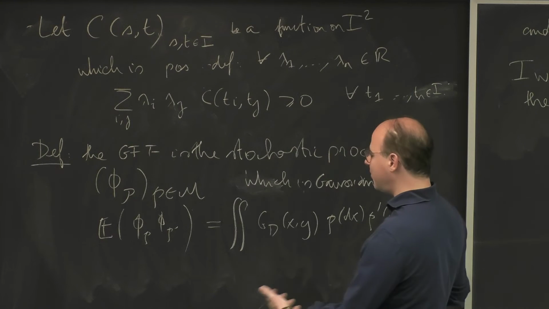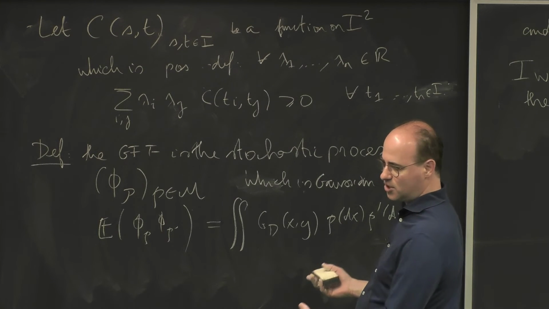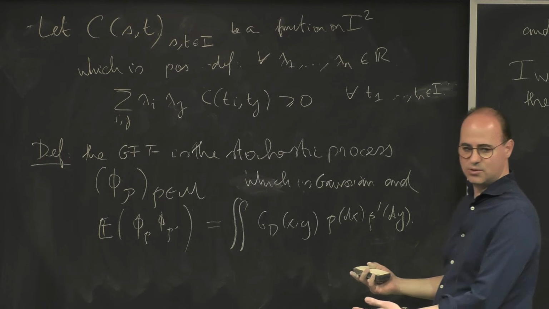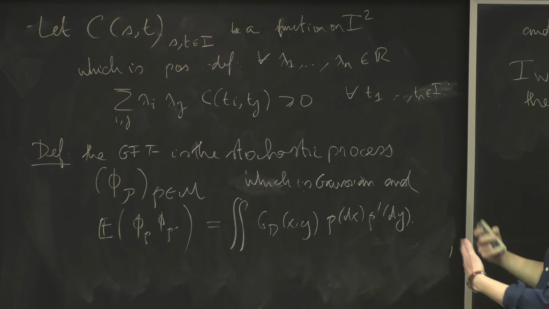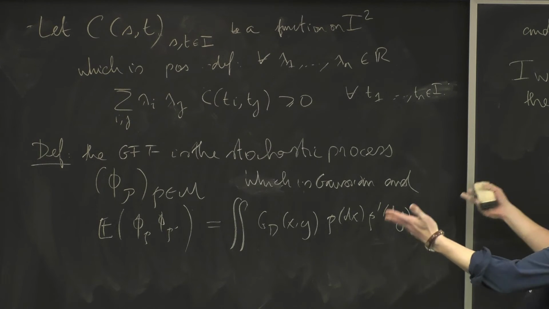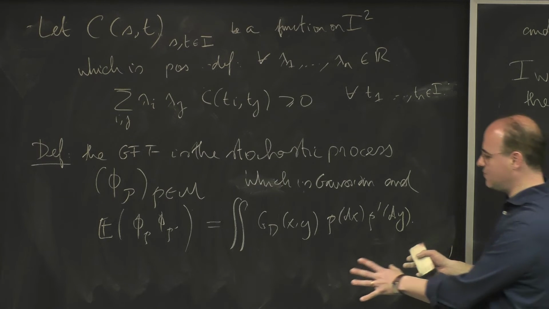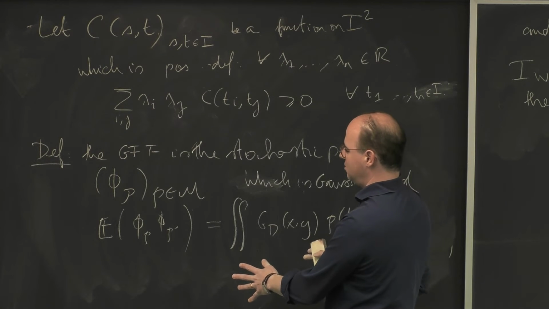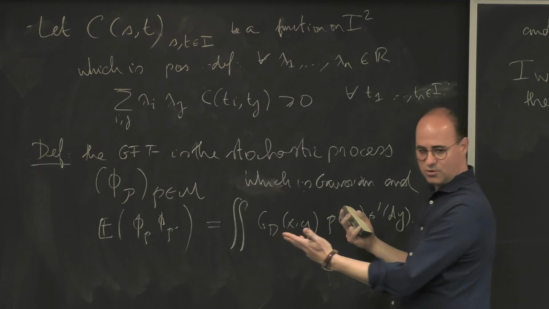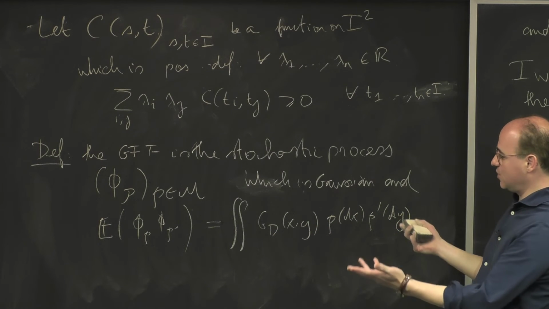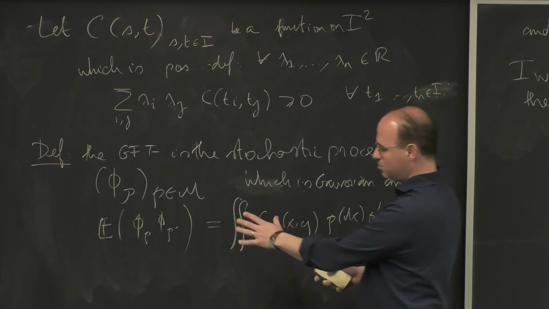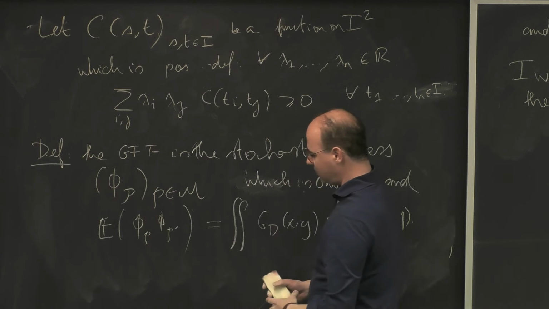I didn't verify for you that it's positive definite, but maybe it's not hard to believe me. The Kolmogorov extension theorem tells me this really exists. As soon as I specify this covariance, I have specified a Gaussian process. So I can speak of the Gaussian free field, and now rho is allowed to be any of these measures.